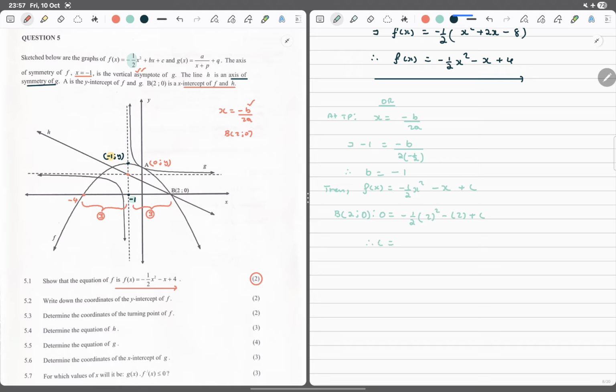So c is going to be, now this is 4, half of 4 is 2. So this is minus 2. So minus 2 minus 2 is minus 4. We transpose, it comes up as 4. Therefore, function f is going to be minus a half x squared minus x plus 4. So this one works too.